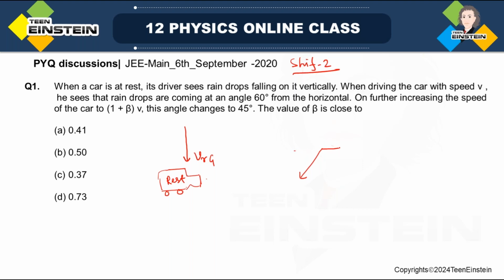So when it is moving with v, it will have two components like this. With the horizontal it is 60 degrees.